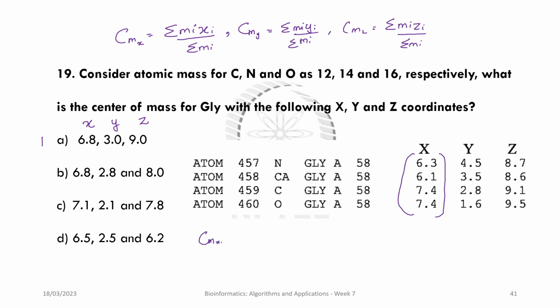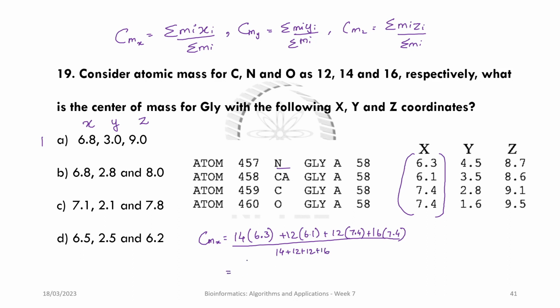So the x coordinate of the center of mass would be, first let's do nitrogen, 14 into 6.3 plus carbon, 12 into 6.1 plus again 12 into 7.4 plus 16 into 7.4, divided by 14 plus 12 plus 12 plus 16.